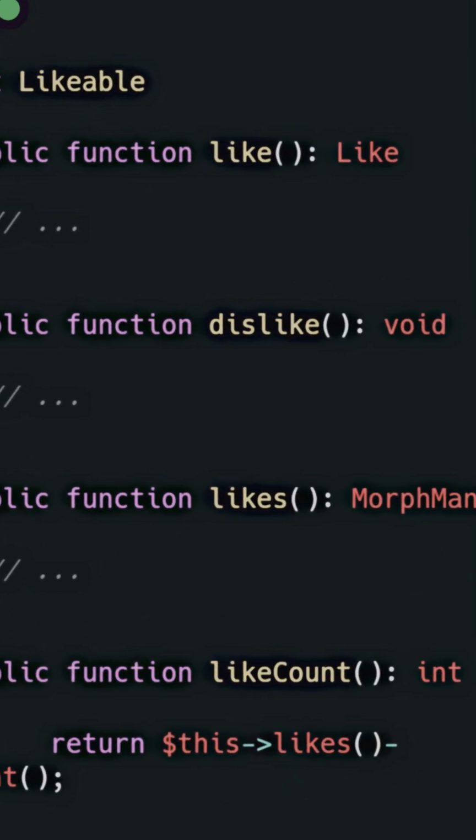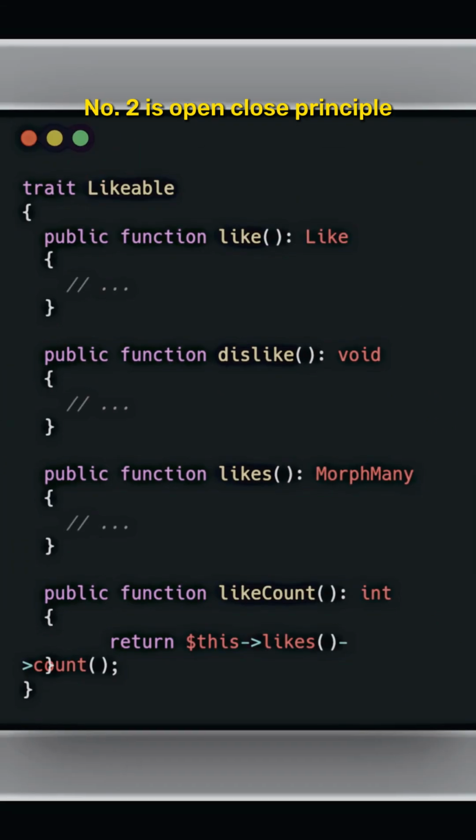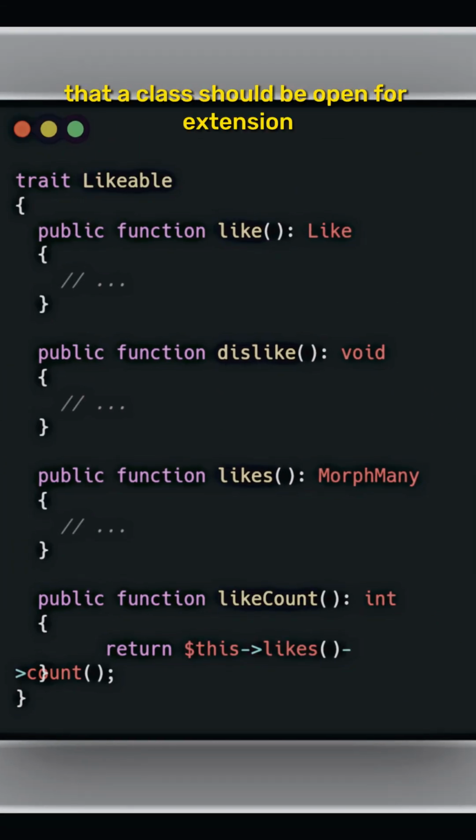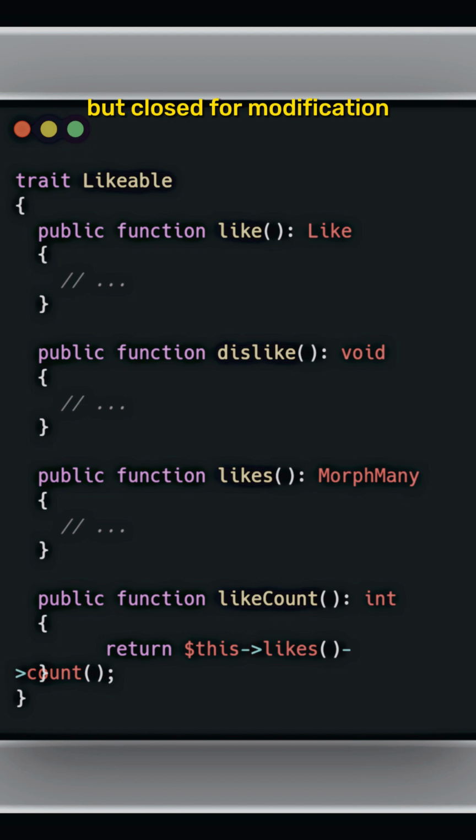Principle number two is the open-closed principle, which states that a class should be open for extension but closed for modification. It might look intimidating, but it's very easy. We'll use an example of a trait, the Likable trait, which is a common one, where we have like, dislike, and the likes and like count.